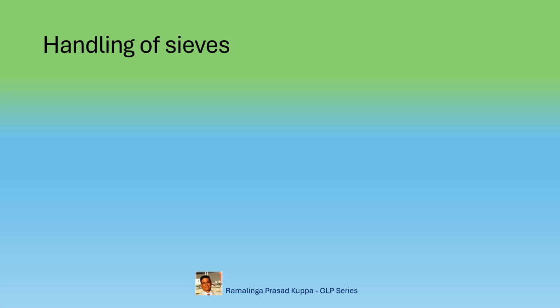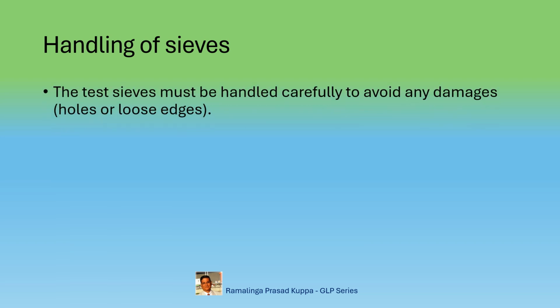Handling of sieves. The test sieves must be handled carefully to avoid any damage, that is holes or loose edges. Sieves are very sensitive equipment. The results obtained using damaged sieves are doubtful and unreliable, so it is necessary to keep the sieves in good condition always.